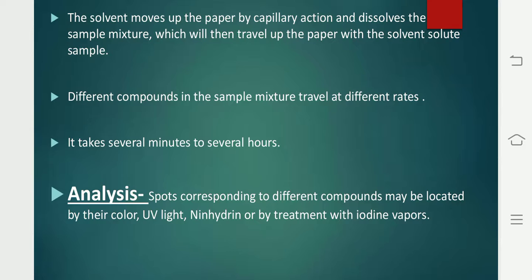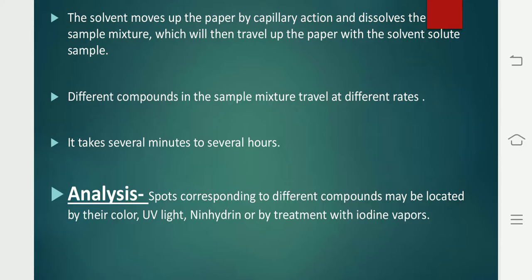the separation. The analysis can be done according to the spots corresponding to different components, which may be located by their color. The analysis can be done by a change in the color of the spot, or UV light is required to see the movement of the particles.